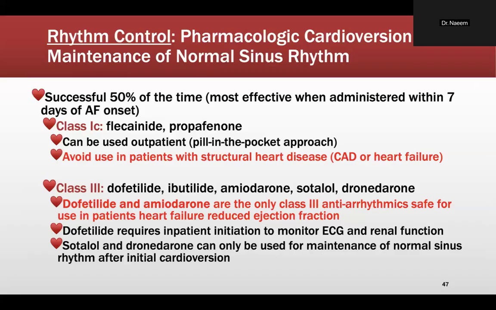So there are a lot of unique characteristics to each, but I think the key takeaway that you all should understand here is knowing the role of dofetilide and amiodarone, and knowing that class 1C is to be avoided in underlying structural heart disease. So the agents that are mentioned and highlighted here are what you ought to focus on.